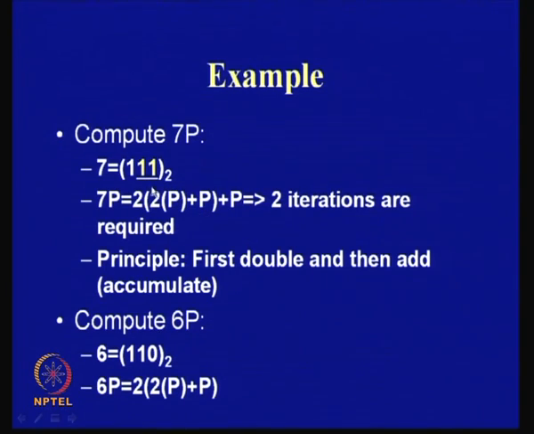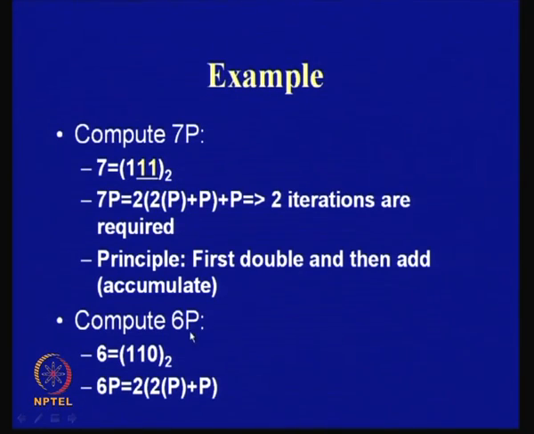The next one is again a 1, so again you are doing a doubling and adding with p. That is, 2 p plus p is 3 p, into 2 is 6 p, plus p is 7 p. So 2 iterations are required; the first one is double and then add, that is the principle. First you are doing a doubling and then an addition or accumulation operation.